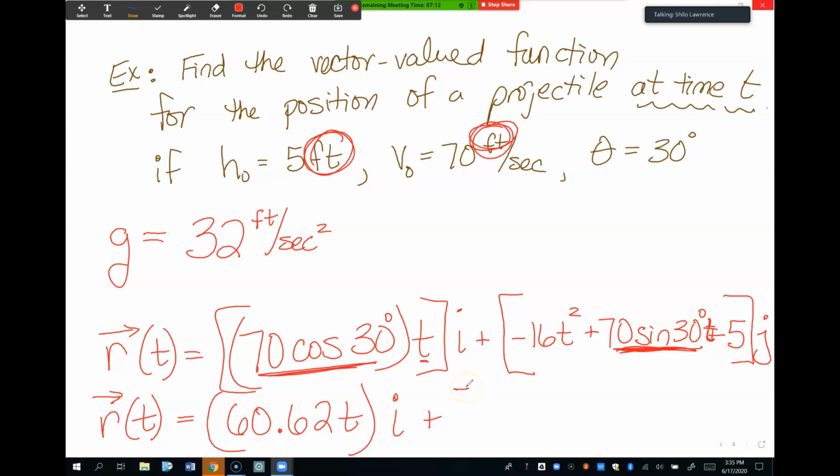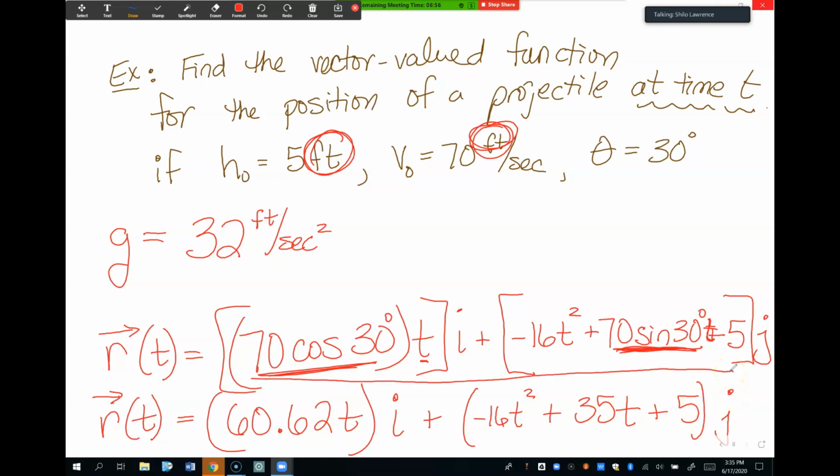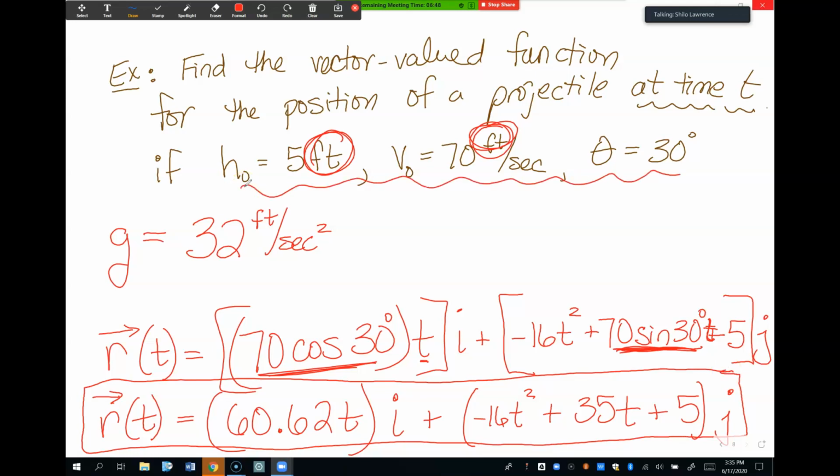For the j component, we've got negative 16t squared, and then 70 times the sine of 30 is just 35, and then plus 5. That's our j component. This right here is the vector valued function that represents the path this exact projectile will take.